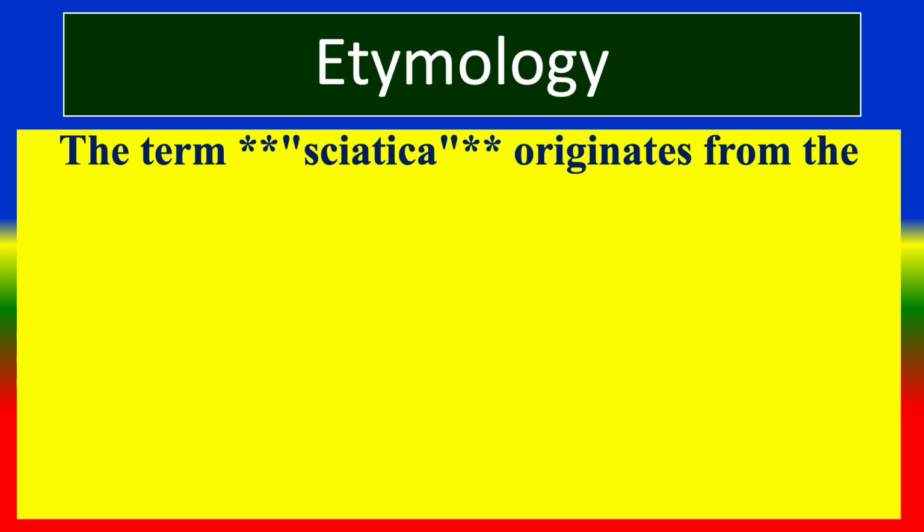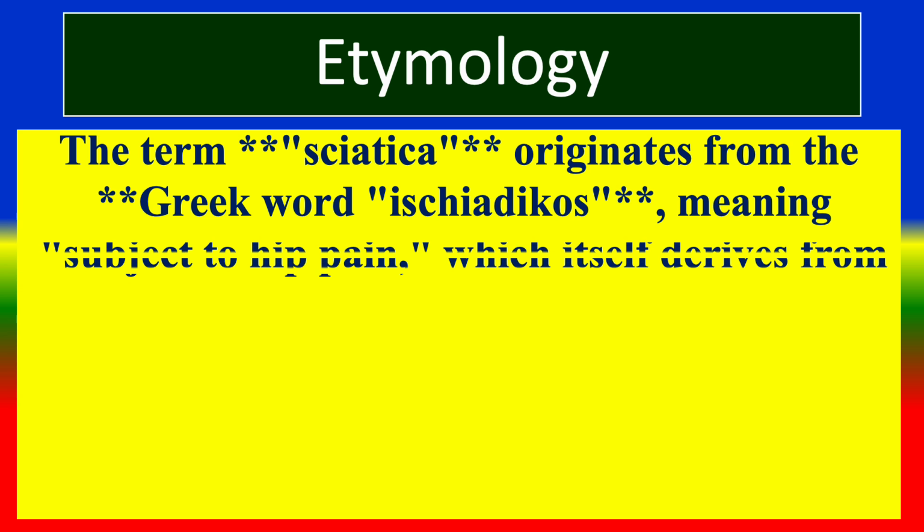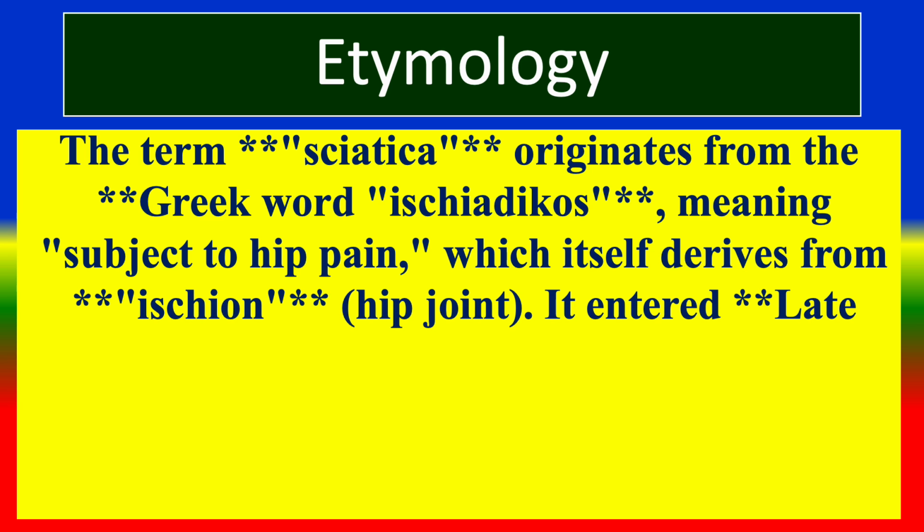Etymology. The term sciatica originates from the Greek word sciatikos, meaning subject to hip pain, which itself derives from ischion, hip joint.